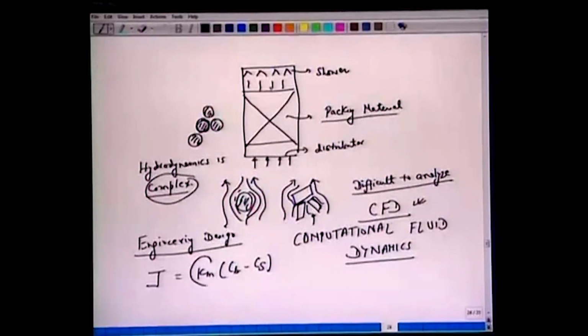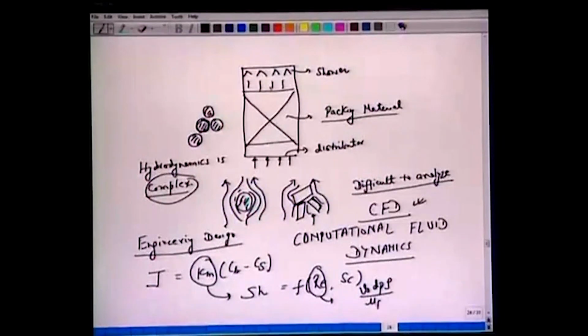Now this is a mass transfer coefficient, which we said is related to the Sherwood number, and this is related to the Reynolds number and Schmidt number. So all we do as far as engineering design is concerned is look at the Reynolds number, which is superficial velocity V0, a certain characteristic length of the packing d, times rho over mu of the fluid, where rho is the density of this fluid.